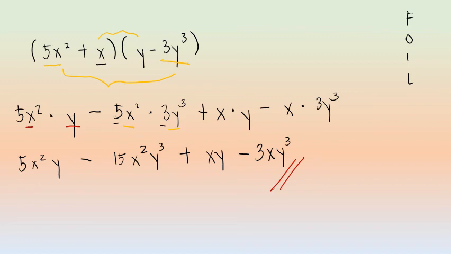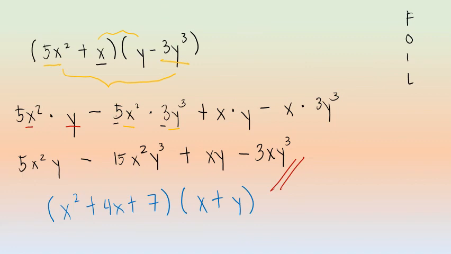Now, what if we have this, class? Can we multiply this one using the FOIL method? Let's say we have x squared plus 4x plus 7 multiplied by x plus y. Can we use the FOIL method here?